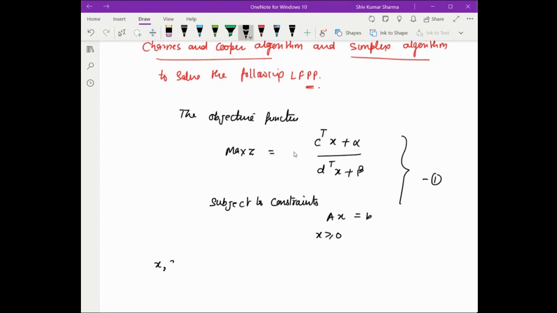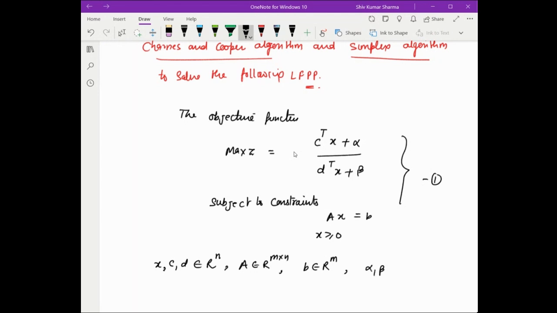So x, c, d belong to R^n, tuples of real numbers, and A belongs to R^(m x n), and b also belongs to R^m.